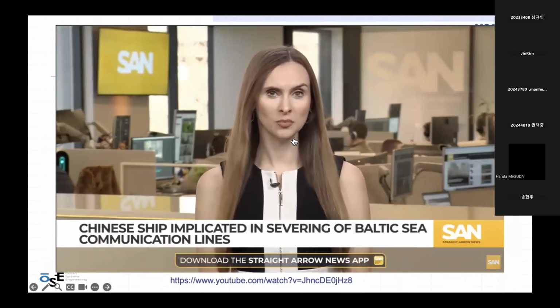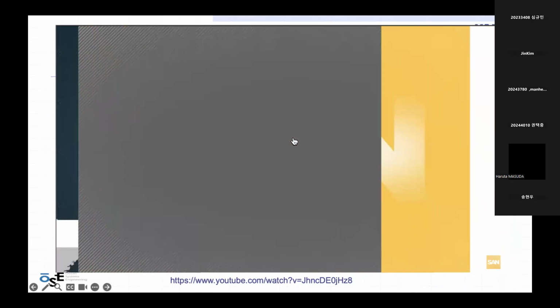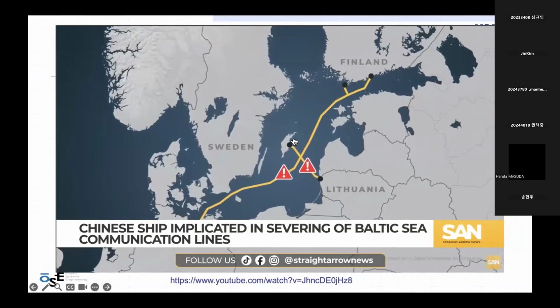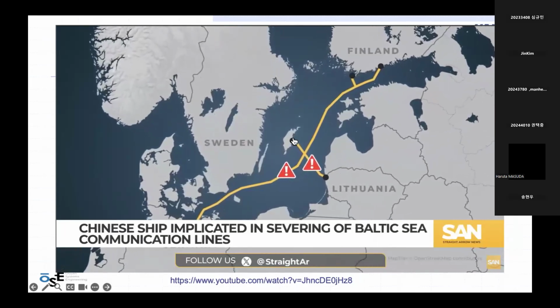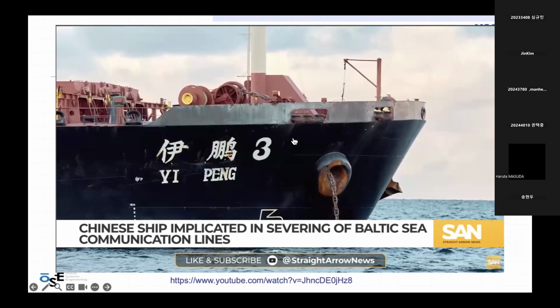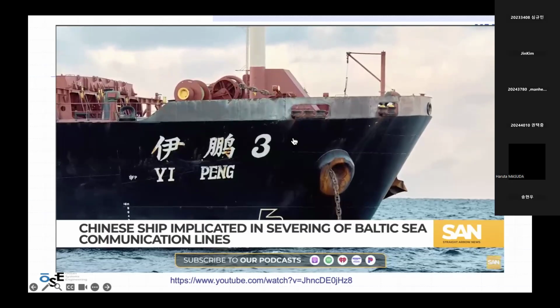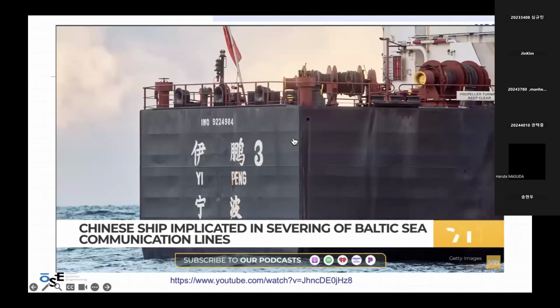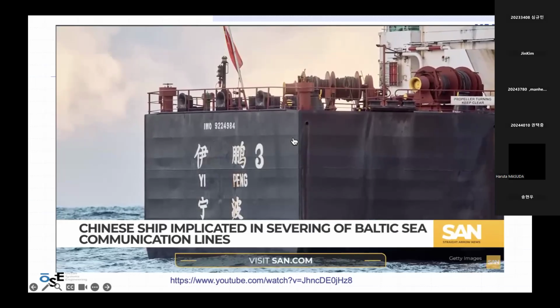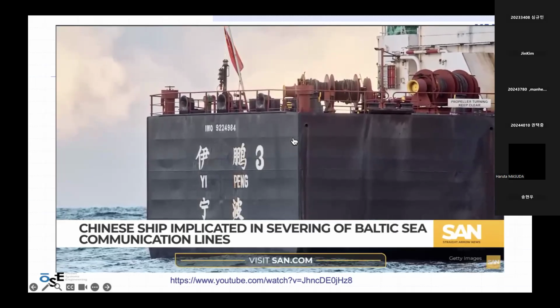Severing two communication cable lines between NATO allies. A Chinese vessel has also been implicated in the incident. Danish authorities detained it on Wednesday. The cuts happened earlier this week to the sea cable connecting Poland and Germany, and a 130-mile line connecting Sweden and Lithuania. Investigators are probing the movements of a Chinese bulk carrier that traveled to Egyptian and Russian ports. According to data tracking, the ship passed close to both telecommunication cables on Sunday and Monday.